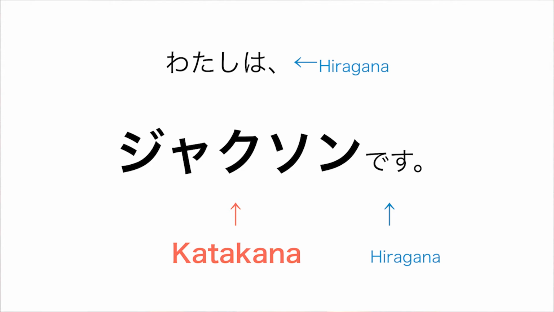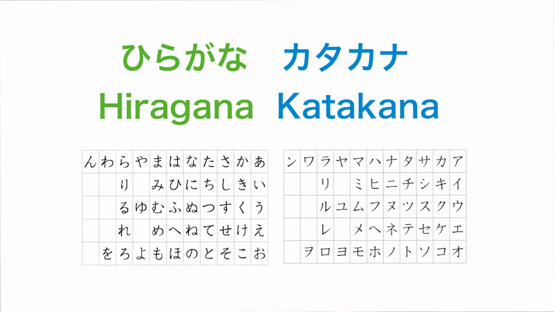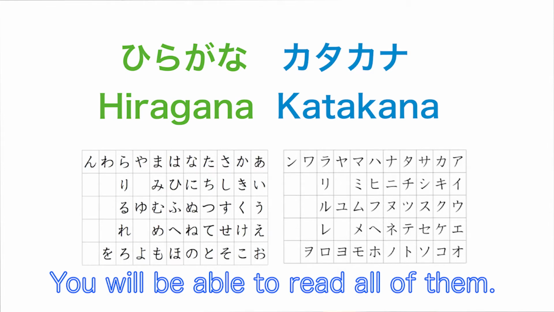The name Jackson. This part is written in katakana as it's not originally a Japanese name. These 2, hiragana and katakana, are the basic Japanese alphabets, and you'll be able to read all of them.